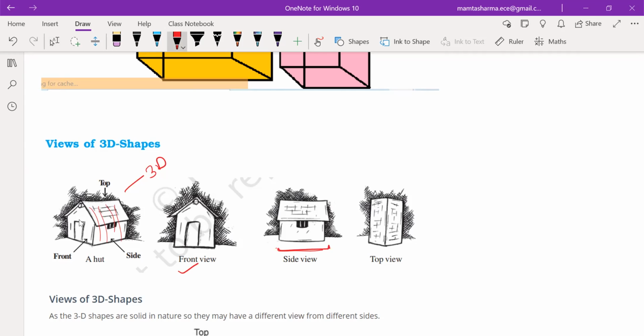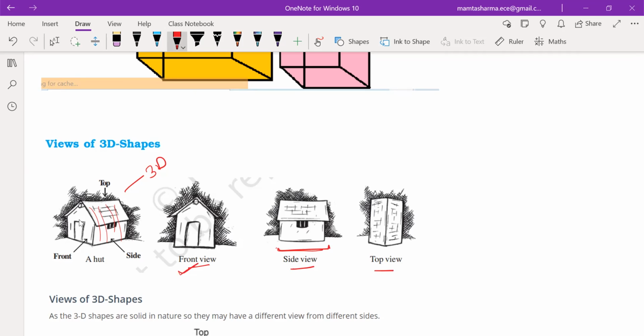you will be able to see only the side view. You will not be able to see the front door if you are standing at the side of this hut. The front door can only be seen when you are at the front side. So this is the front view, this is the side view, and this is the top view.